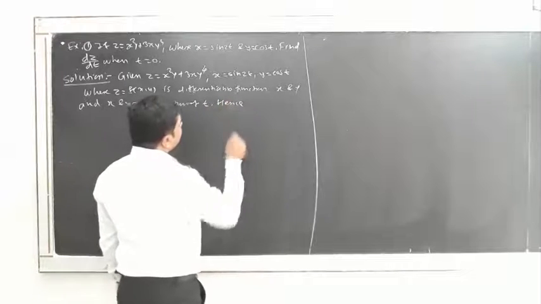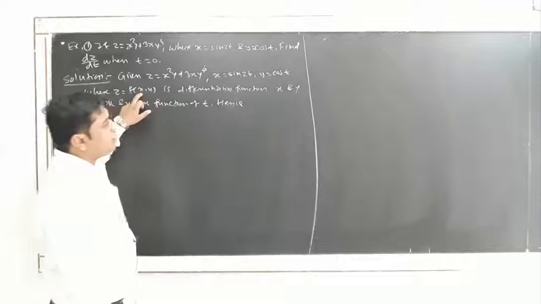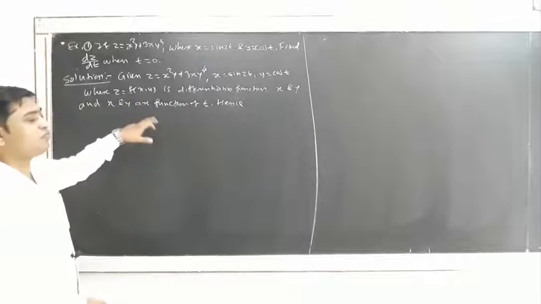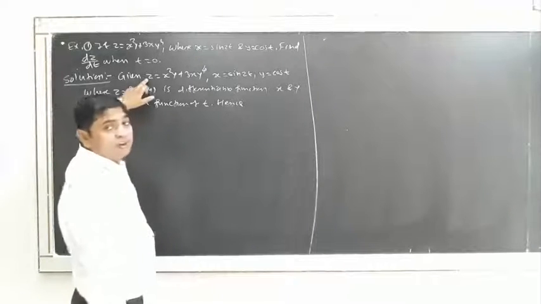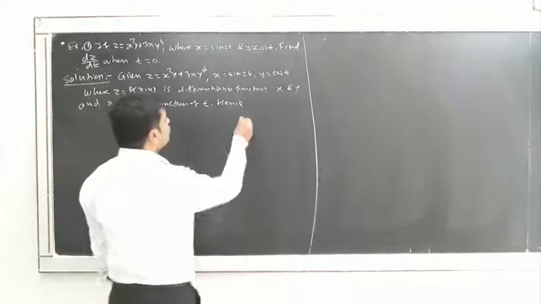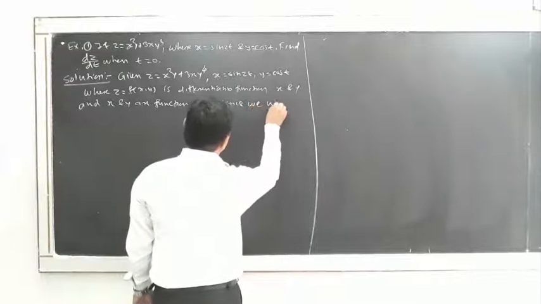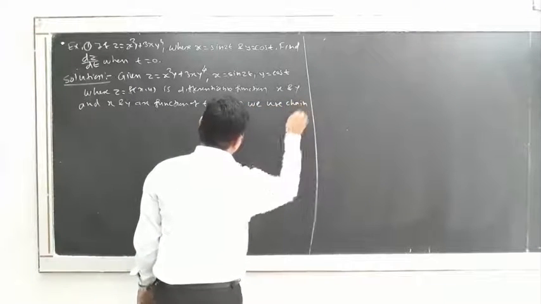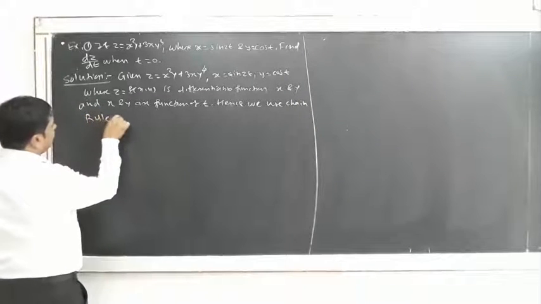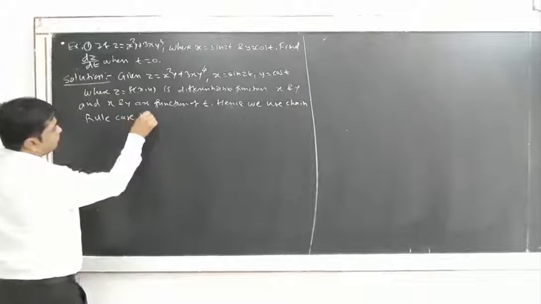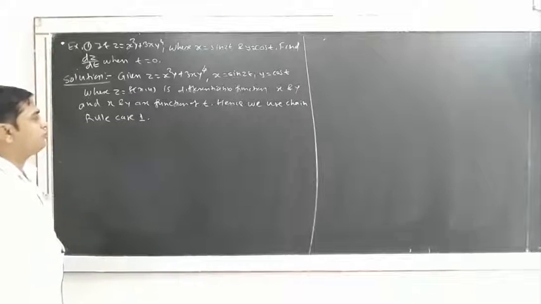Hence, what do we have to use? This z is a function of two variables and these two variables are functions of one variable. Therefore z is a composite function of t, and so we have to use chain rule case 1.